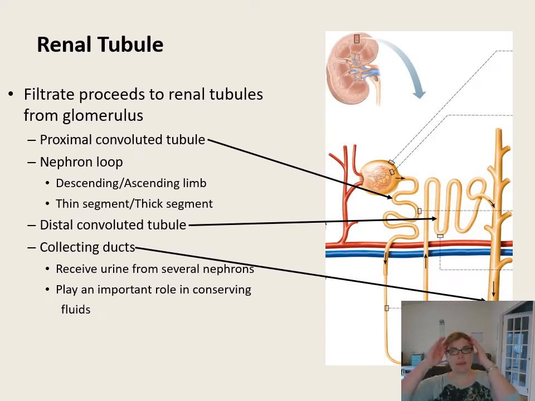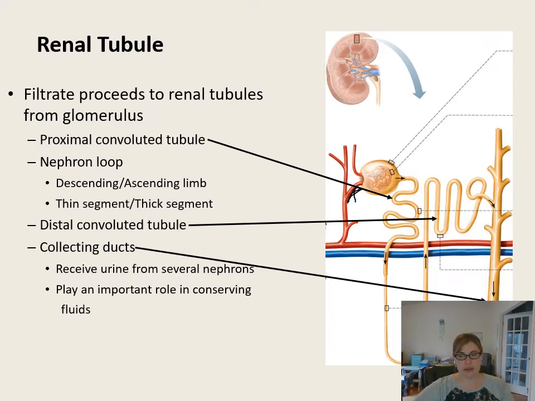Renal tubule, yes, okay. What this picture is right here is more of an actual representation of what a nephron looks like. The one I showed you was just kind of like a straight line. It's actually a twisty turny weird thing with a little loop, and then at the end we have this tube.